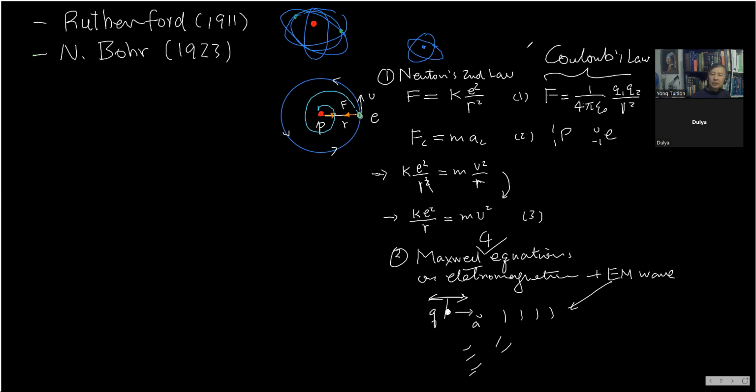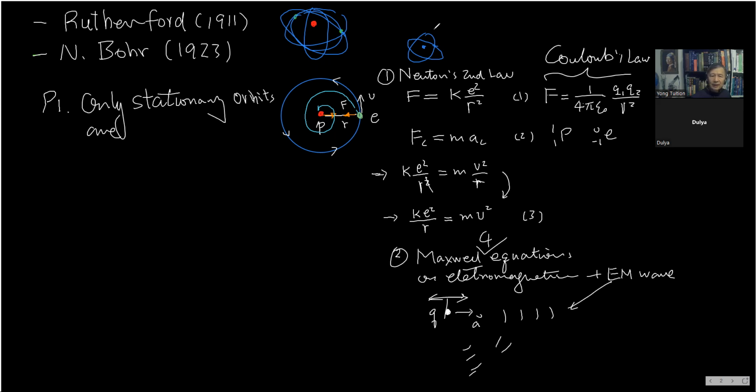Now came Bohr. Bohr had two postulations. The first postulation is that only stationary orbits are stable and exist. That's a very strange idea.